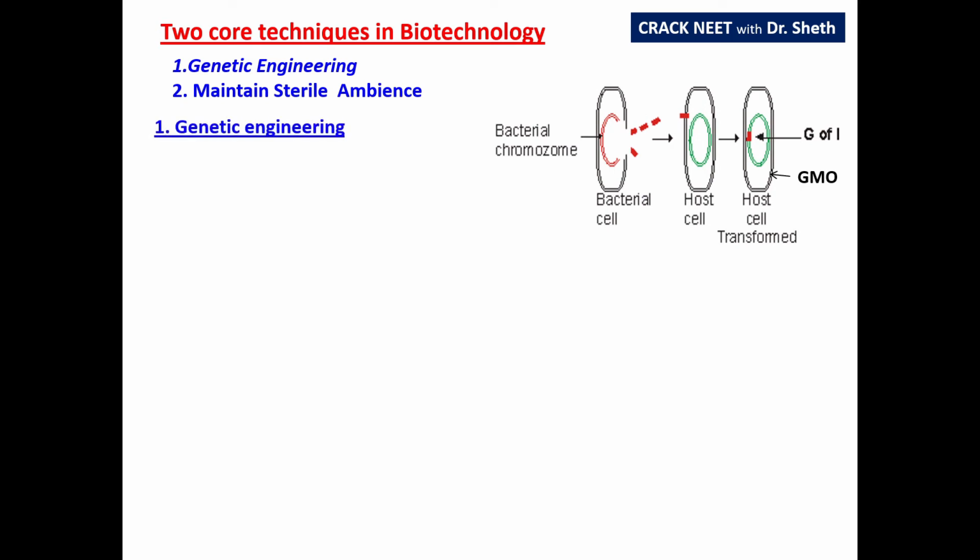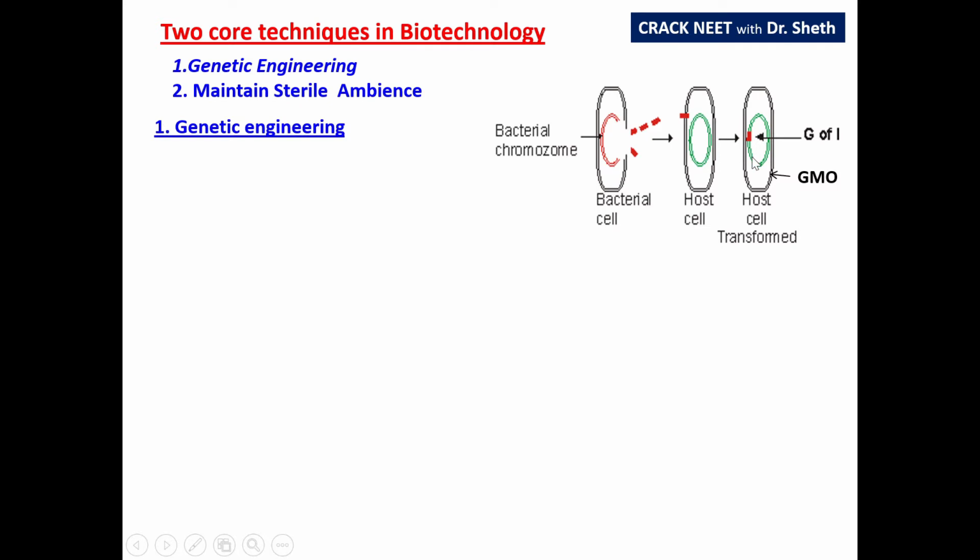Now, genetic engineering. Here in the figure given on the right side, we are seeing a bacterium. The bacterium has its DNA. A part of the DNA is being taken and inserted into another bacterium called the host cell. And what we see is that this alien DNA or the foreign DNA from one bacterium is now incorporated into the DNA of the host organism.